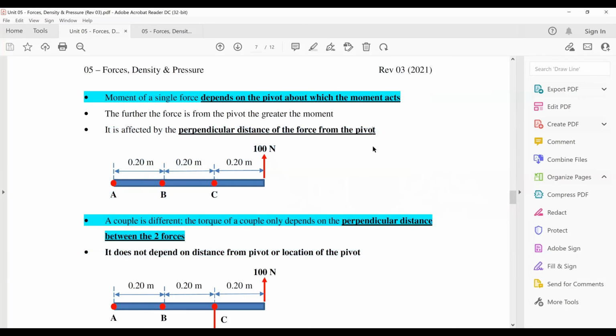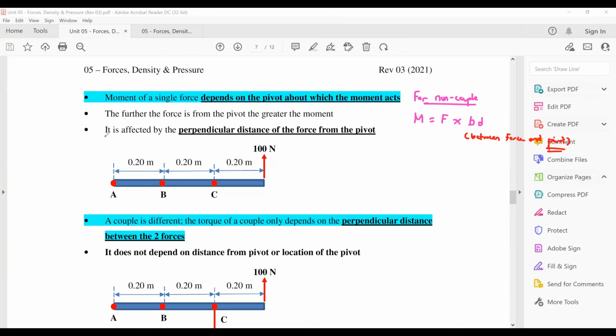Why do I need to highlight this? Because later you see a different case for moment of a couple or torque of a couple. Just now I already mentioned to you that moment for non-couple is force times perpendicular distance, where this one is between force and pivot.